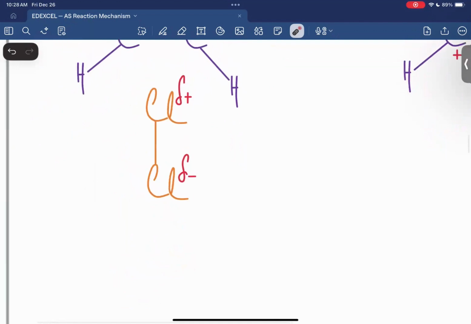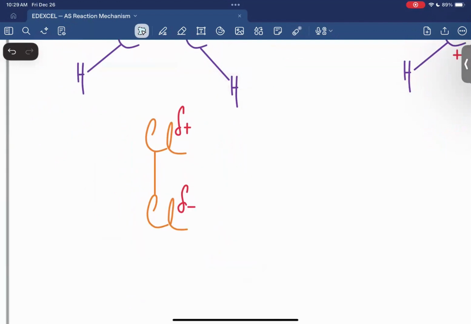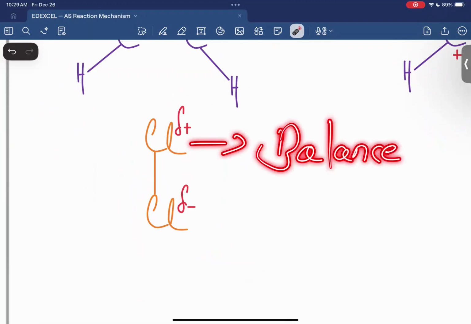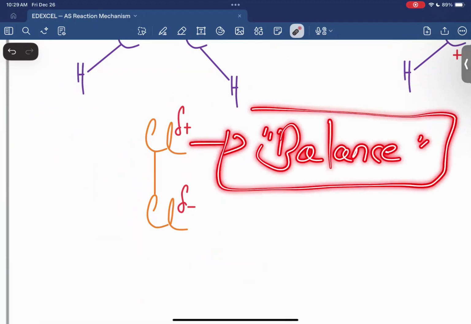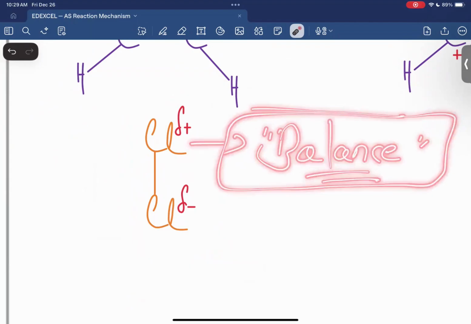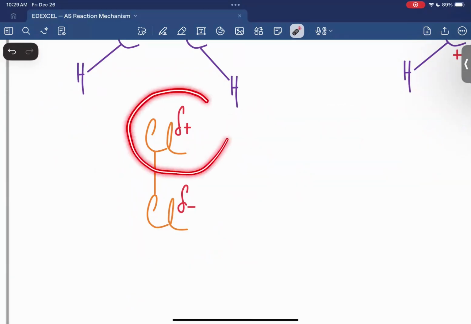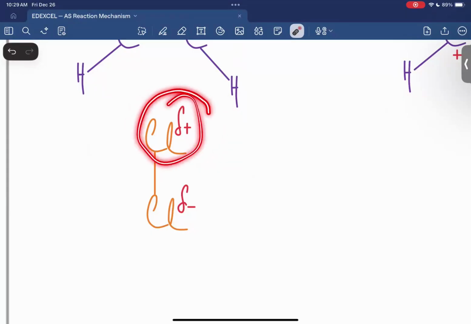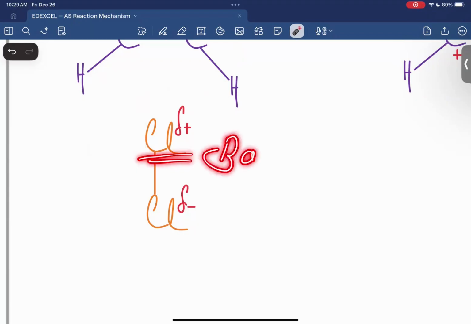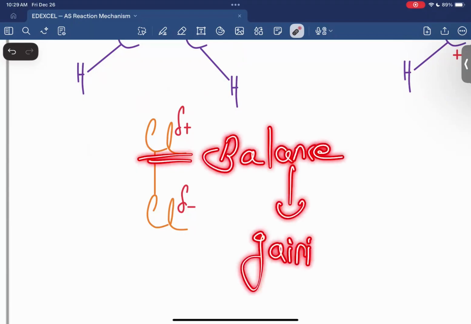Now what will happen over here is that this is positive, right? It wants to balance that positive charge. How is it going to balance this positive charge? By gaining something that is negative.